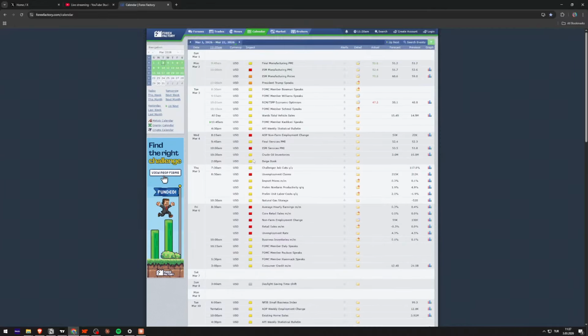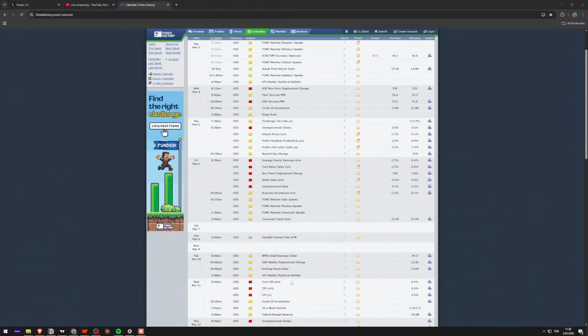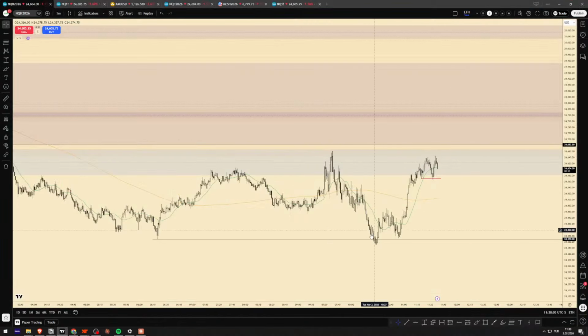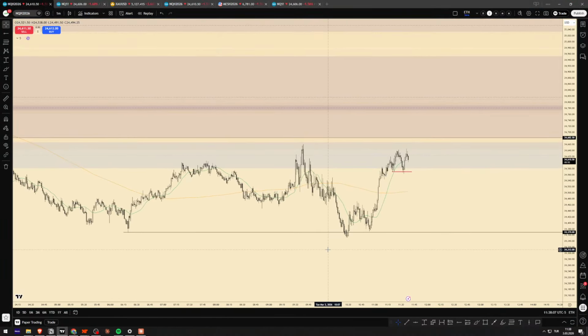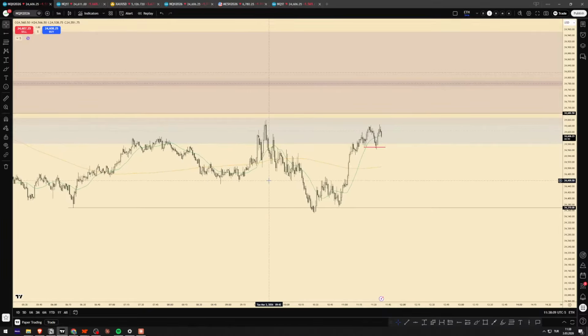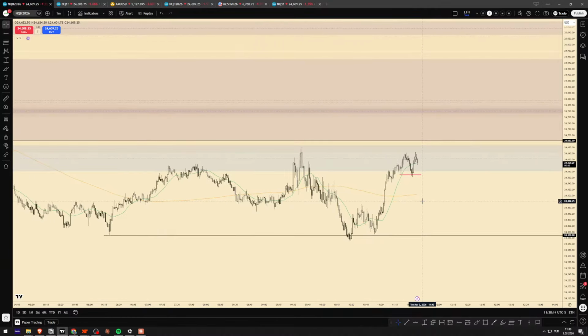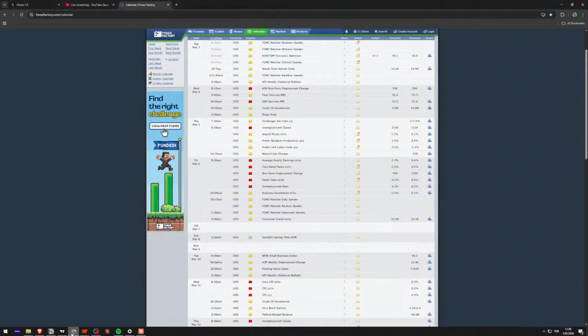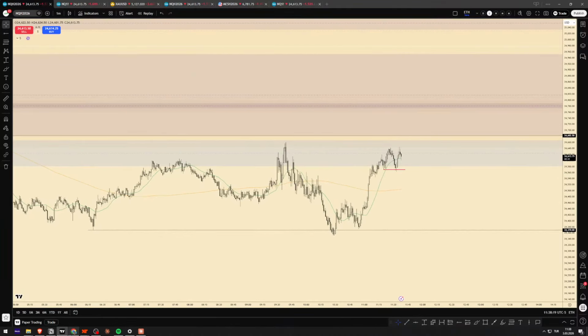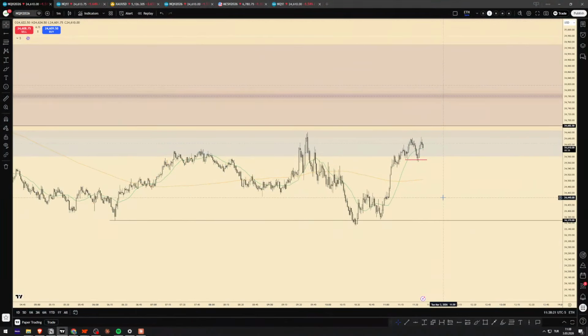This kind of stuff may happen next winter too, when we are going back to UTC -5. This kind of consolidating, chopping, manipulating, or, I don't know, idling price action happens with bank holiday weeks, especially the day after the bank holiday, and it might happen throughout the bank holiday week.